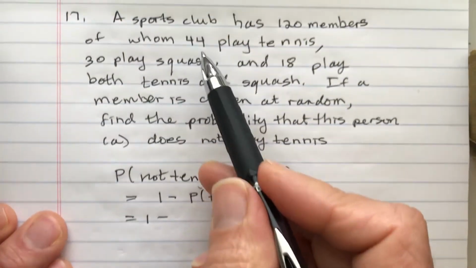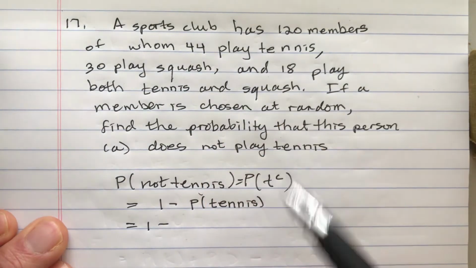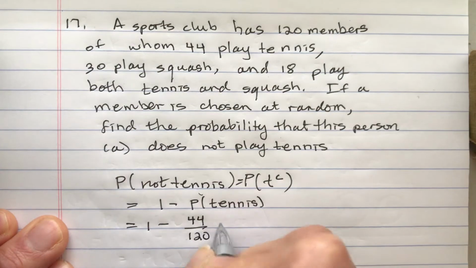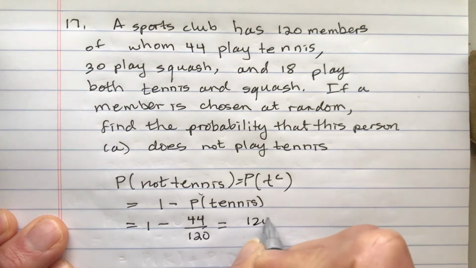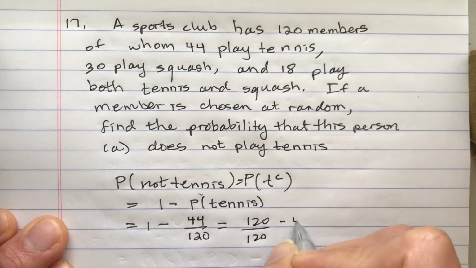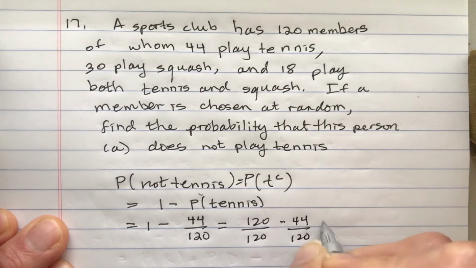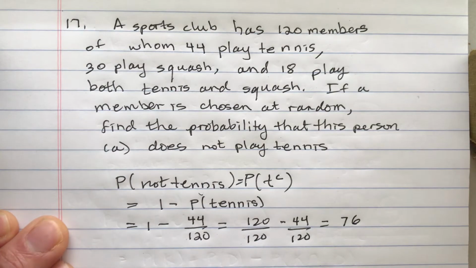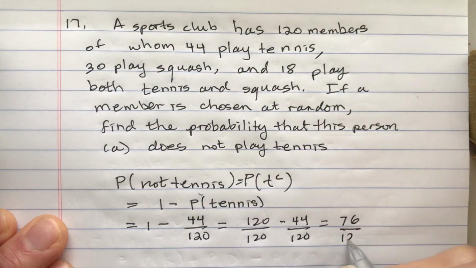There's 44 who play tennis out of 120 members. I'd say the hardest part is the fraction. So some people choose to use a calculator. I'm going to do it in my head, and so maybe I'll make a mistake. 76 out of 120.